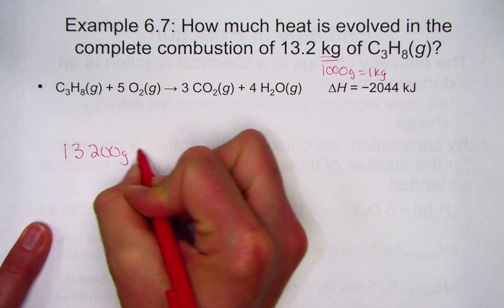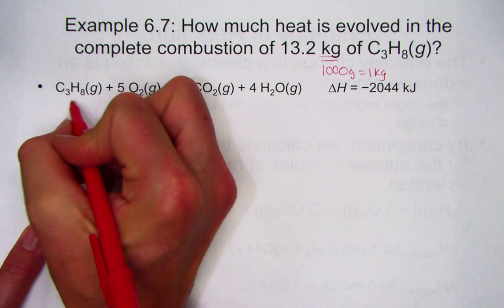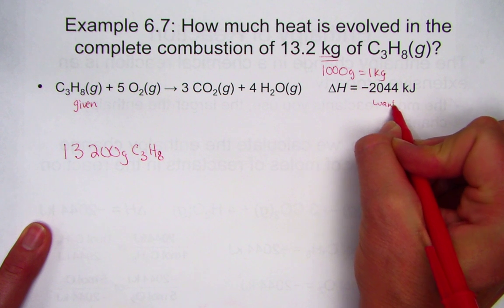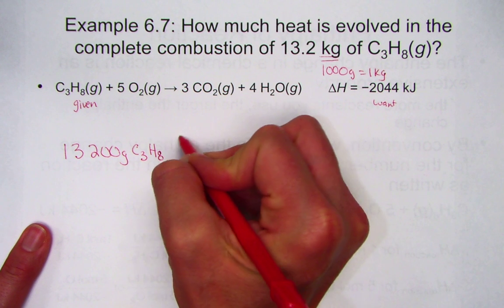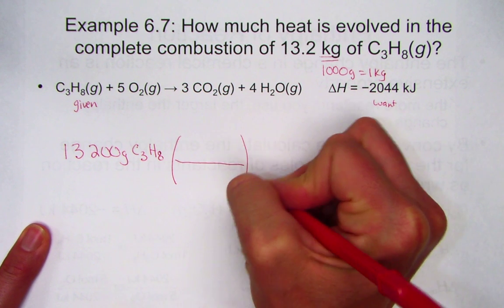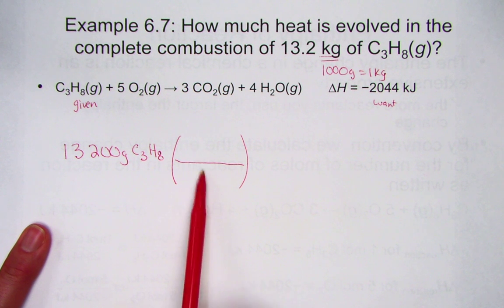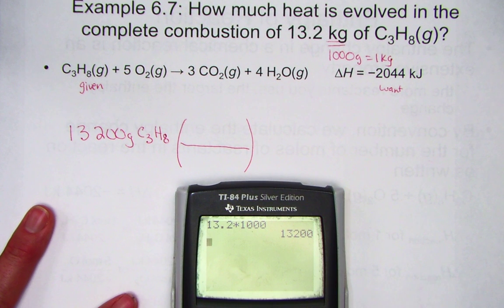13,200 grams of propane, C3H8. This is what we call our given, and we want to know kilojoules, kJs of heat. We know that coefficients stand for mole numbers, not mass values, so we need to do a little mole map work. We need to look up a molar mass of our molecule propane and use that to convert into the mole.